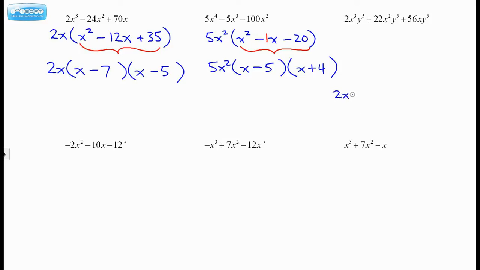So 2x y to the 5th, which leaves x squared plus 11x plus 28. And there we go. Well, suddenly this trinomial here doesn't look very scary at all.